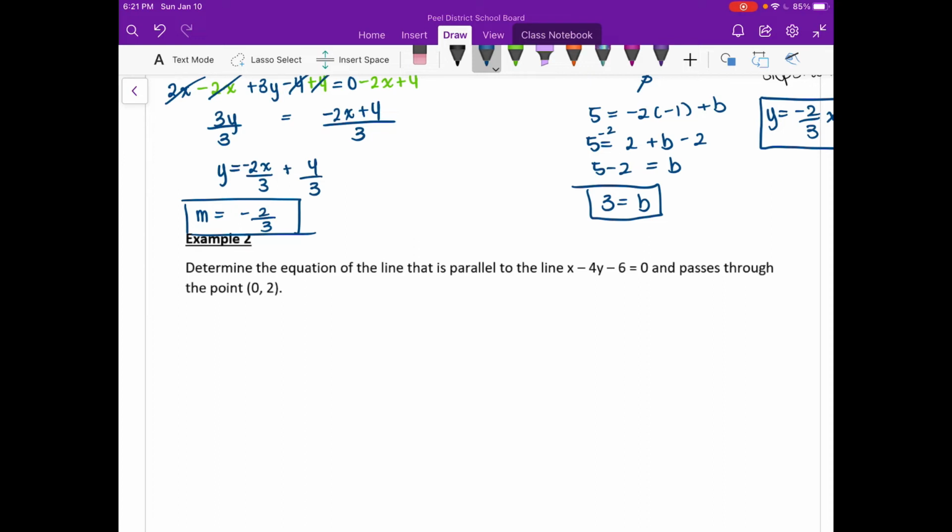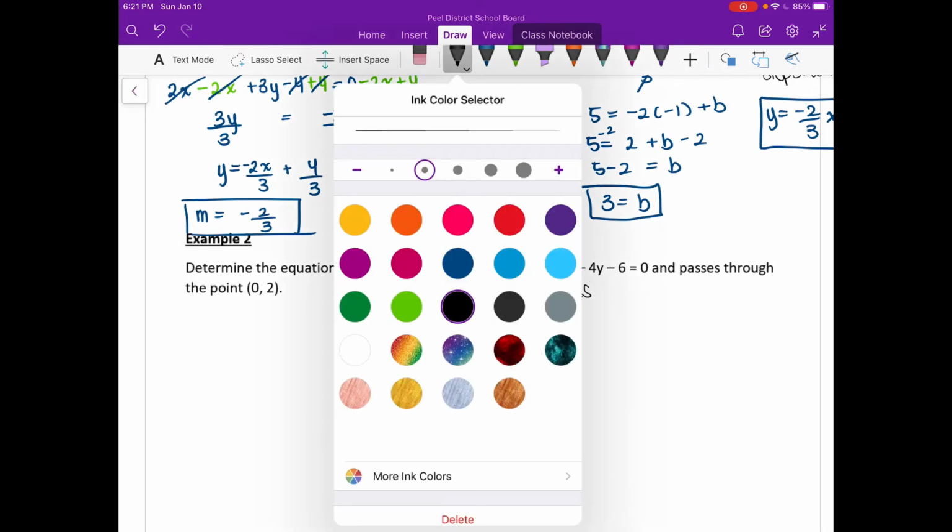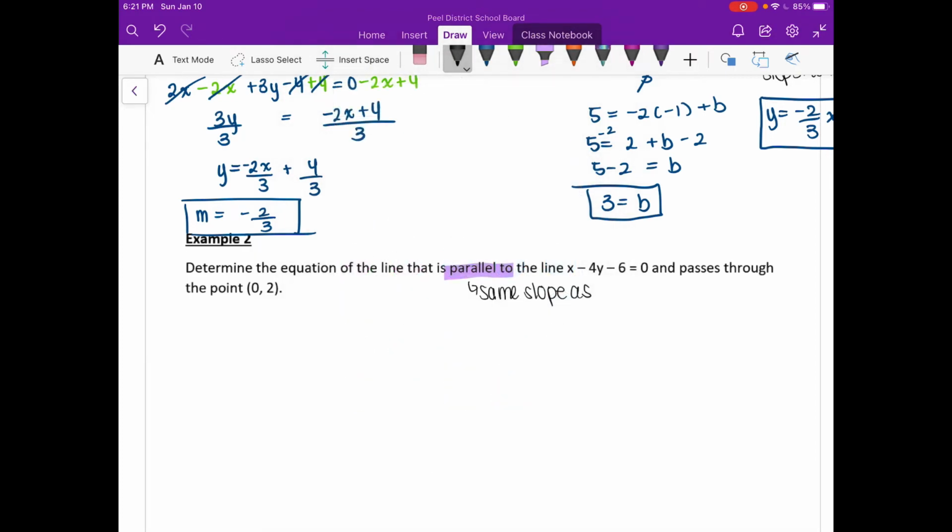So for example 2, it says determine the equation of the line that is parallel to, that has the same slope as, the line x minus 4y minus 6 equals 0 and passes through point (0, 2). I know that this is also my y-intercept.